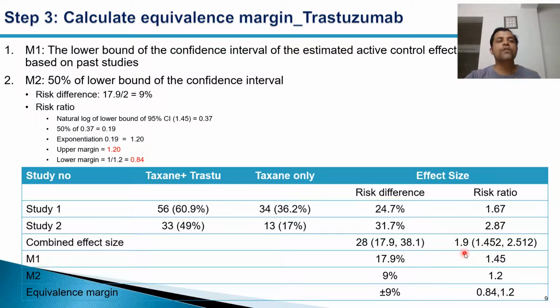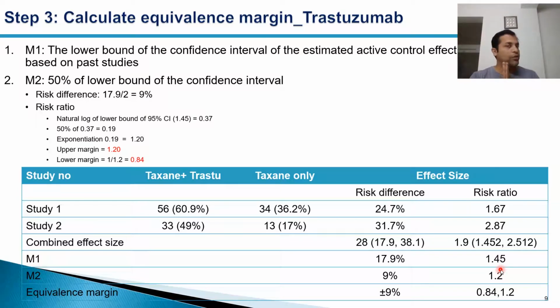Now M1 is the lower bound of CI of estimated active control effect based on past study. So this is CI. So the lower bound is 17.9 for this difference. Okay. So the M1 will be 17.9. Risk ratio, the lower bound is 1.452. So M1 will be 1.45.